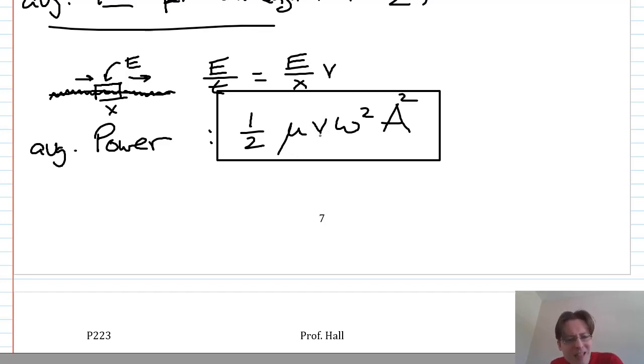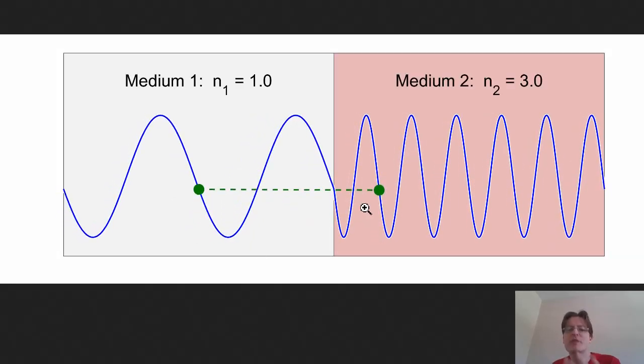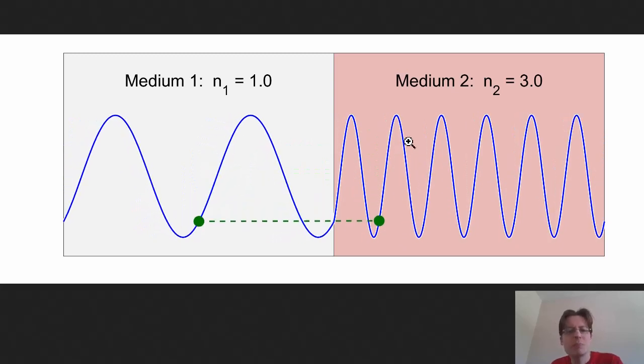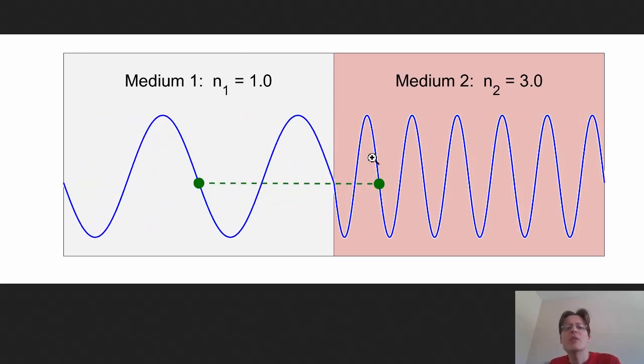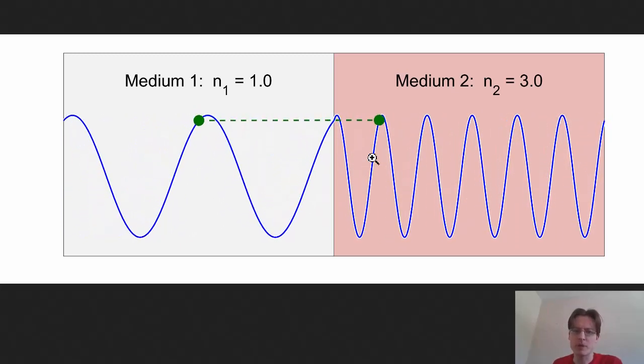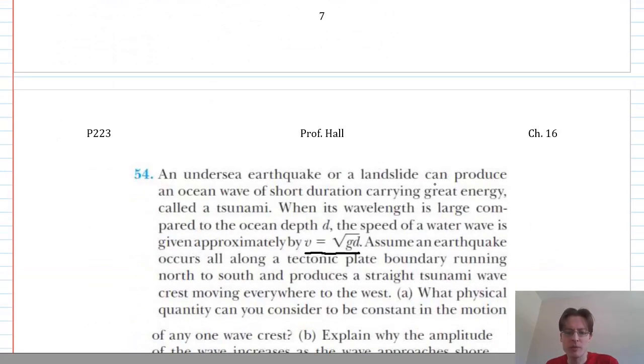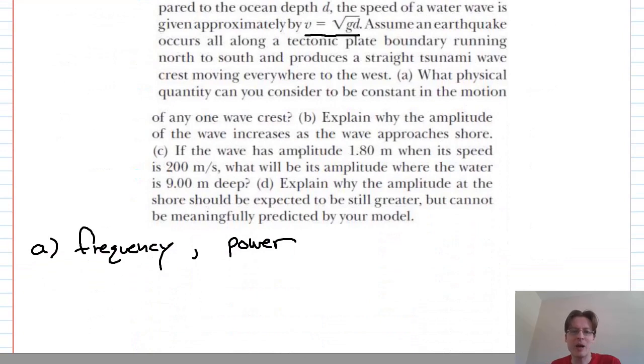So if the speed gets smaller, the amplitude must get larger to compensate for it. So what's not shown in this animation is the effect of energy. As the speed is reduced, the amplitude must grow as well. So that's going to explain how the tsunami forms.